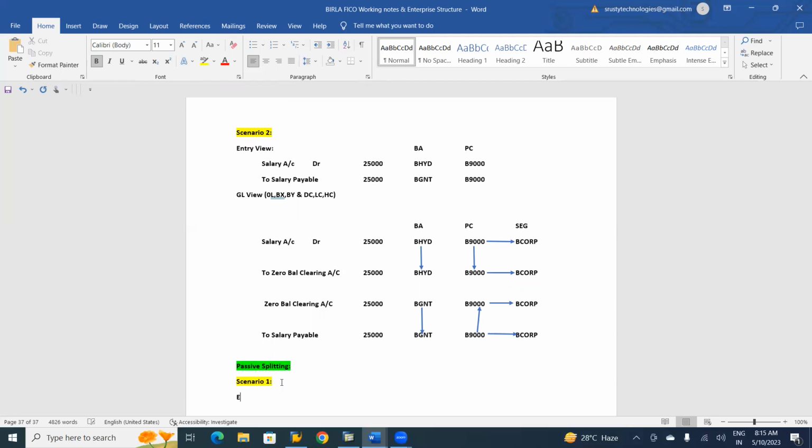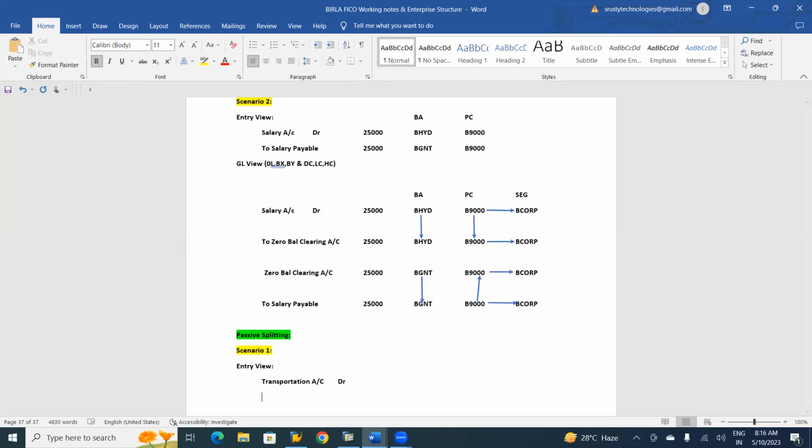Entry view. Okay, for example, loading charges.